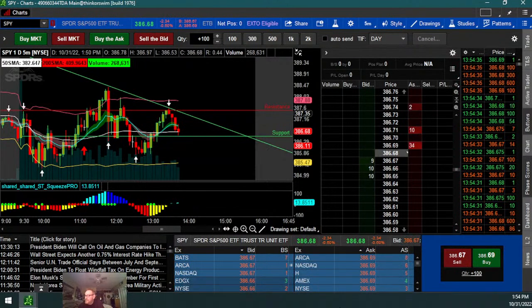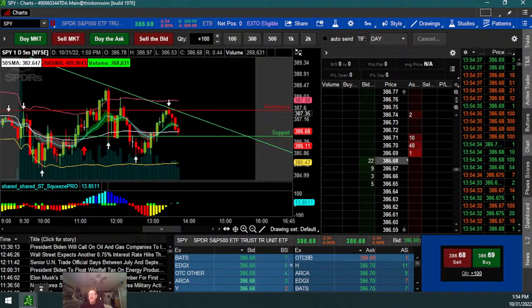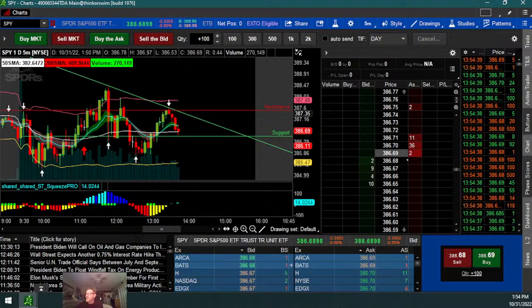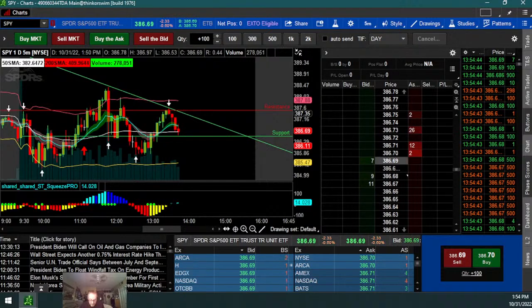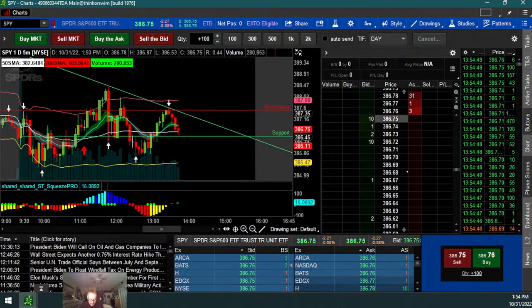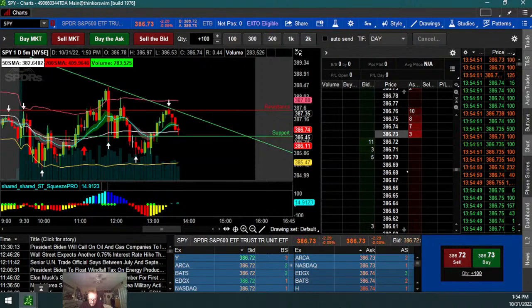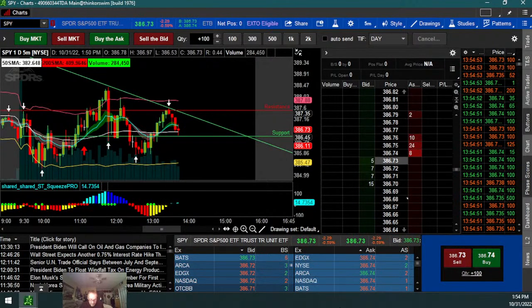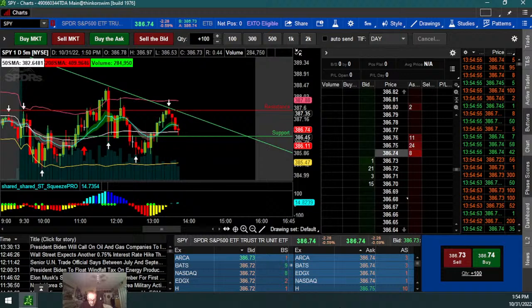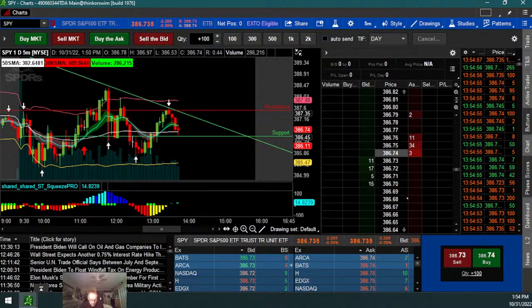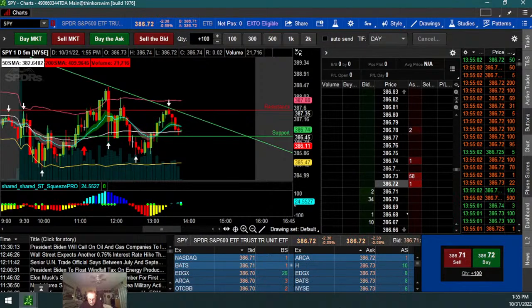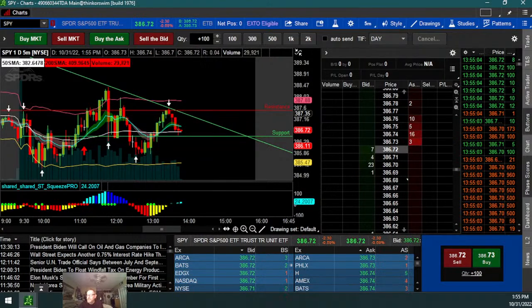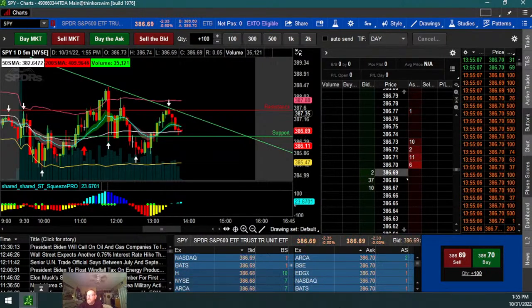TTM squeeze versus the one you use, the Pro. Okay, that's a good question. There's a lot of added features, but I'm going to give you an easier way to answer it. It's got different indicators in it, more expanded.